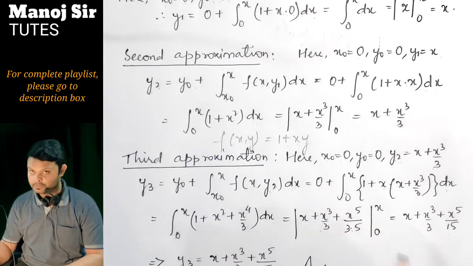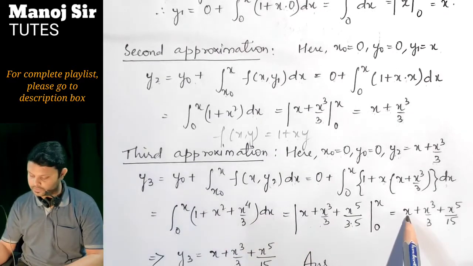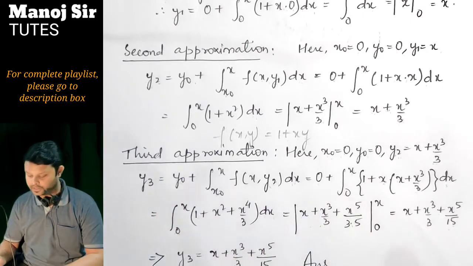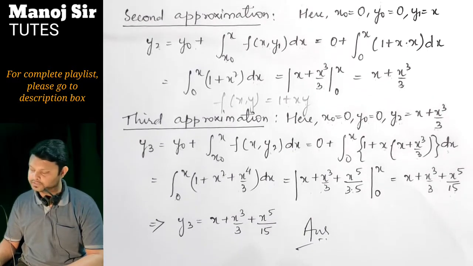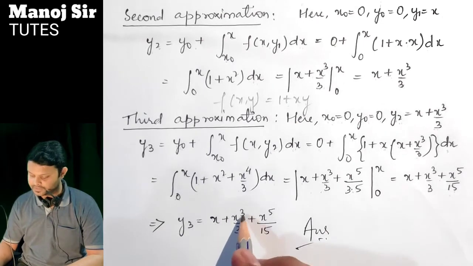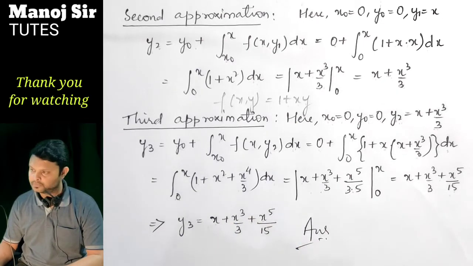Now simply put the limits. You will get y3 equals x plus x cube upon 3 plus x to the power 5 upon 15, and this is the y3, the third approximation, which we wanted to find. So finally we can say the third approximation is y3 equals x plus x cube upon 3 plus x to the power 5 upon 15, and this is my required solution.